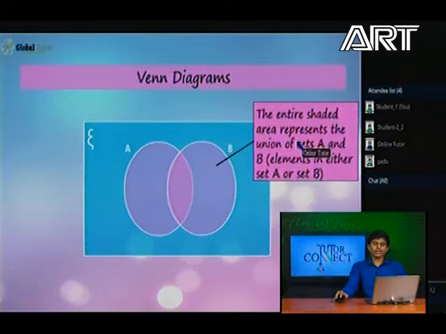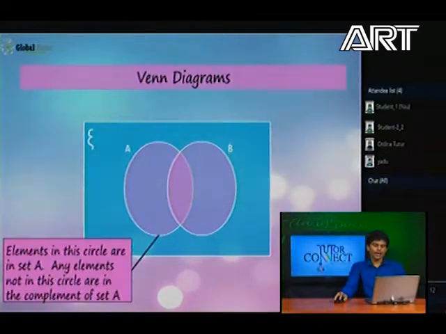The entire shaded area represents the union of sets A and B, elements in either set A or set B. And the other circle, which is A, contains elements in set A. Any elements not in the circle are in the complement of set A.